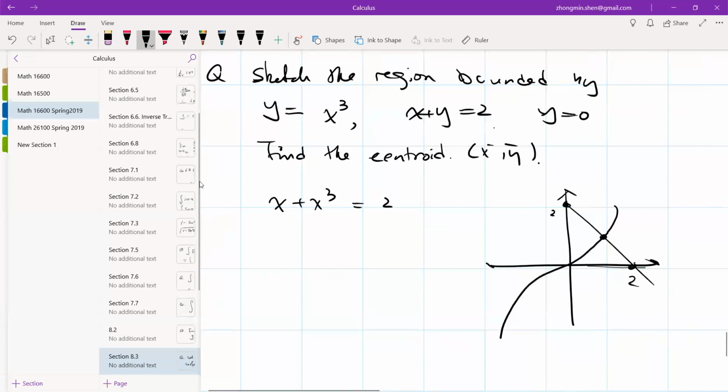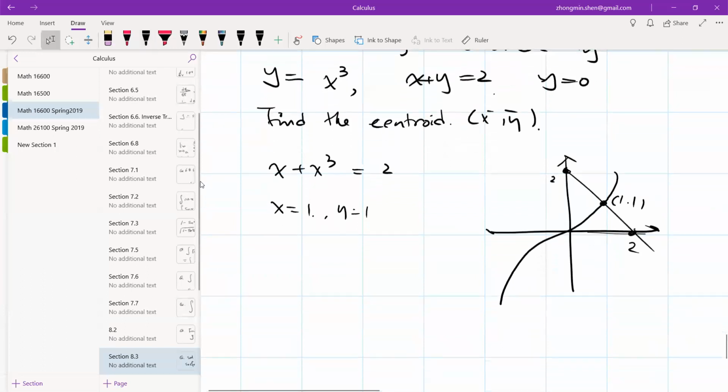In general, I cannot solve this equation. By guess and try, you can get it. Because x can be what? 1 plus 1 equals 2. So, yeah, you can do this quickly. In general, you cannot do that. But for this particular problem, you can find a solution. Okay? So this is the point.